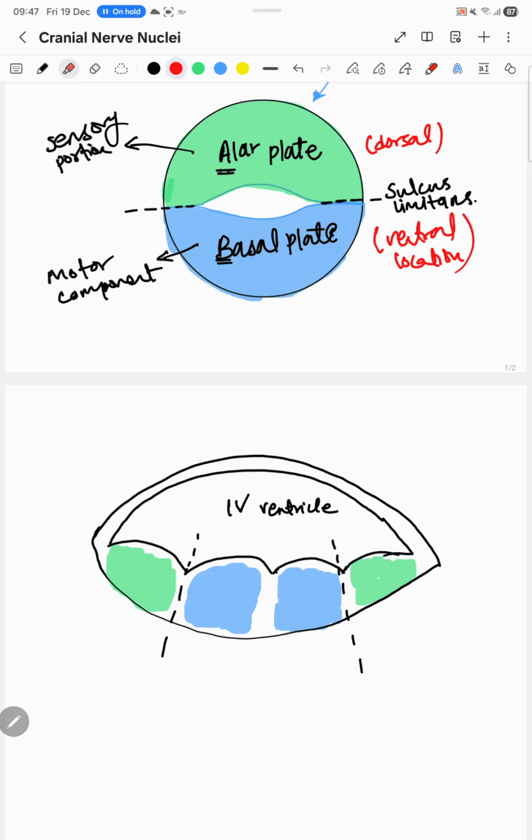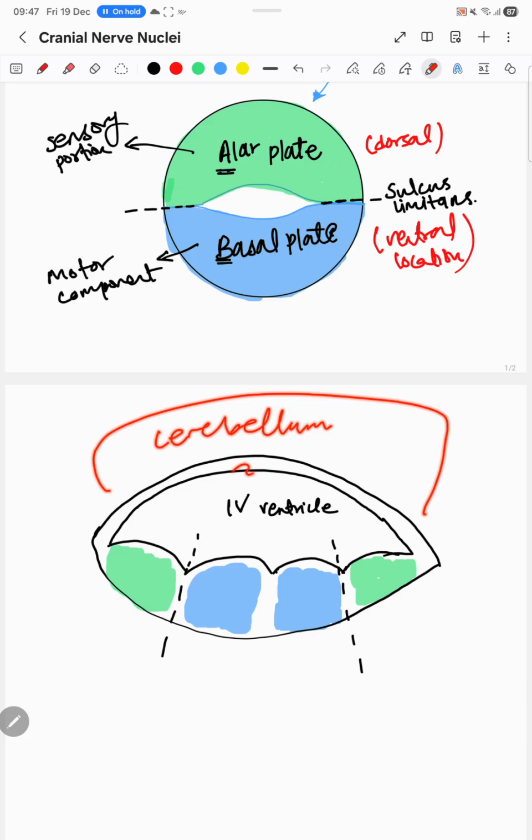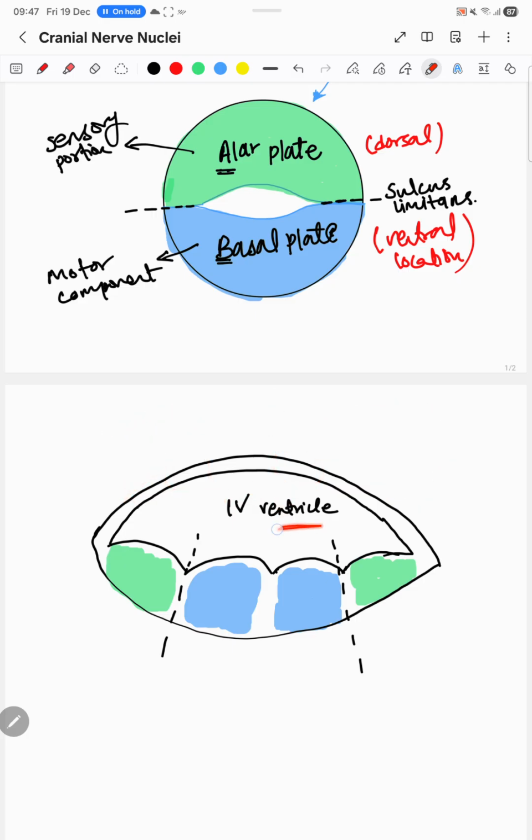Now what exactly has happened? We said that the alar plate should move laterally because we have to provide space for the development of the fourth ventricle. If the cerebellum has to form here, we have to move these extra regions laterally so that a ventricle can be formed, right?